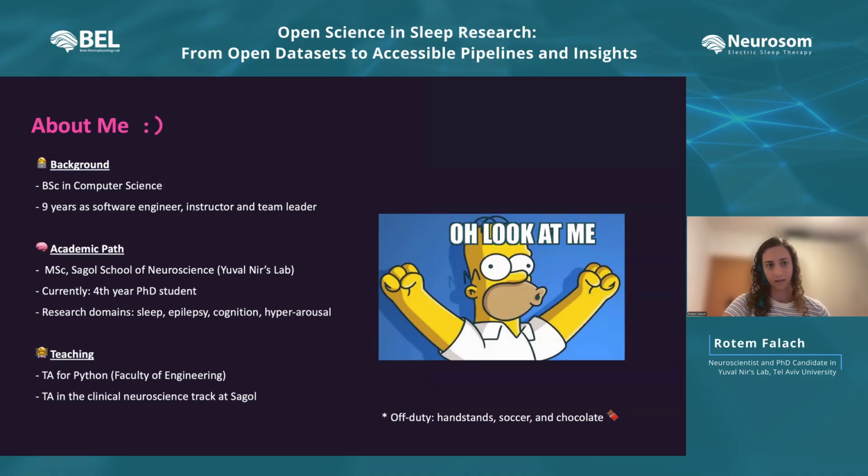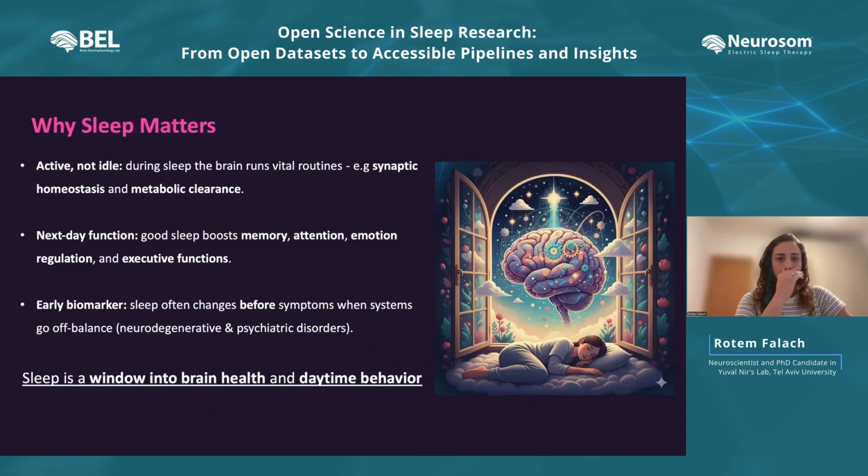That's actually when I started, almost 5, nearly 6 years ago. Currently, I'm a fourth-year PhD student, and my research domains are mainly sleep, epilepsy, cognition, and lately also hyperarousal. I'm also teaching a bit of Python and I'm a TA in the clinical neuroscience track at our faculty.